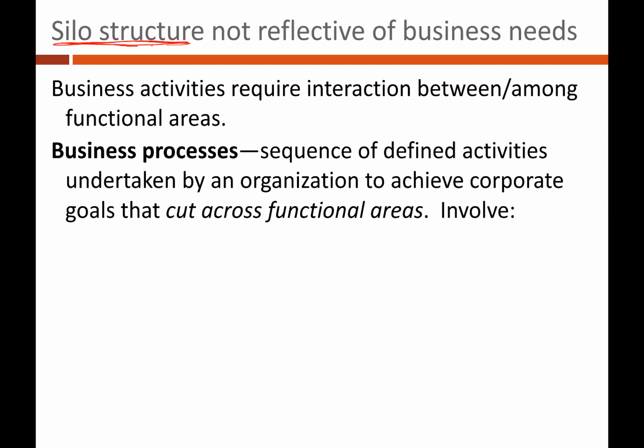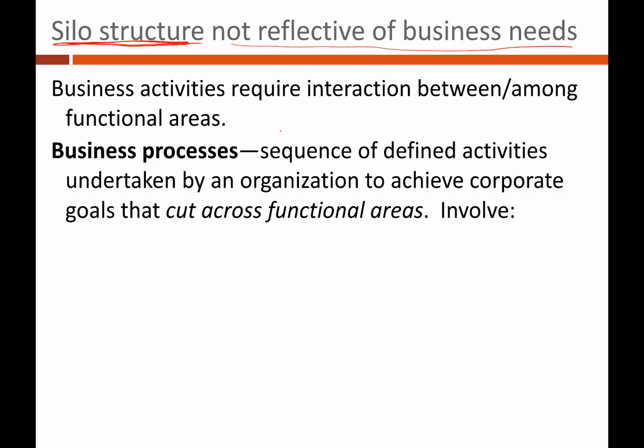And as we observed last week, the problem with this is that it creates data silos, where individual areas have their own data stores and their own information hoarding going on, and this is not reflective of the way businesses operate. Businesses need to share information. Different functional areas need the ability to easily pass information from one part of the organization to another. Business activities require interaction between the different functional areas.